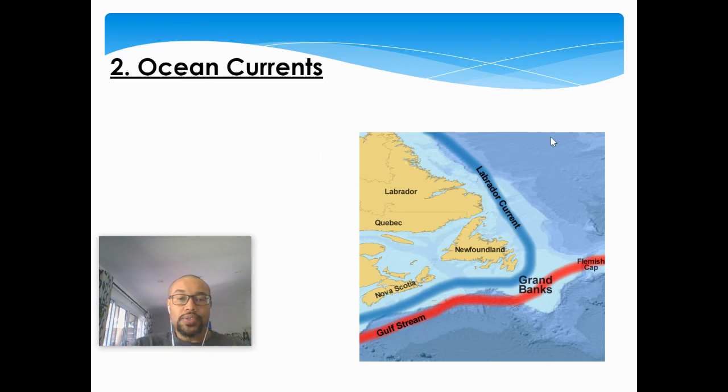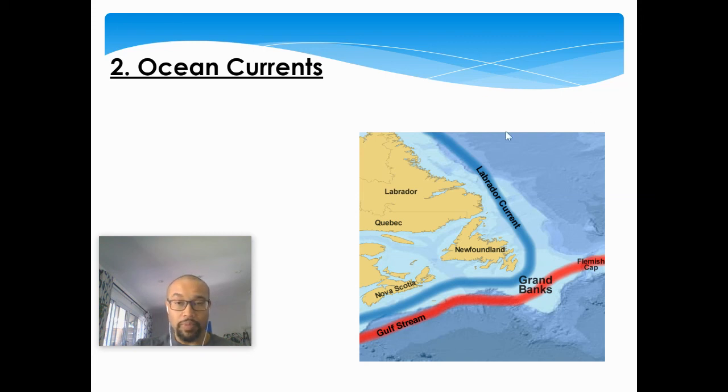Ocean currents. So if we look at ocean currents, they can have a very large effect. And obviously latitude, so we just learned that the further north or south you are of the equator, the colder in general it gets. That's true, except it can also be influenced by these ocean currents.